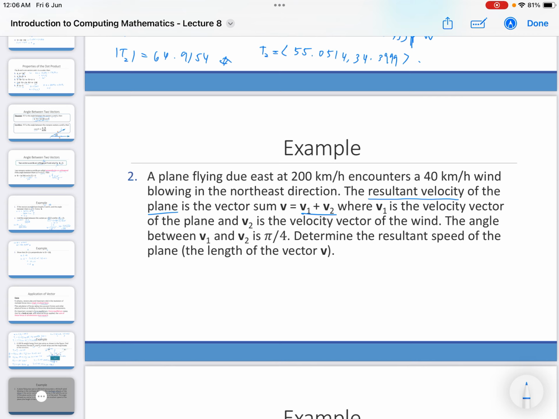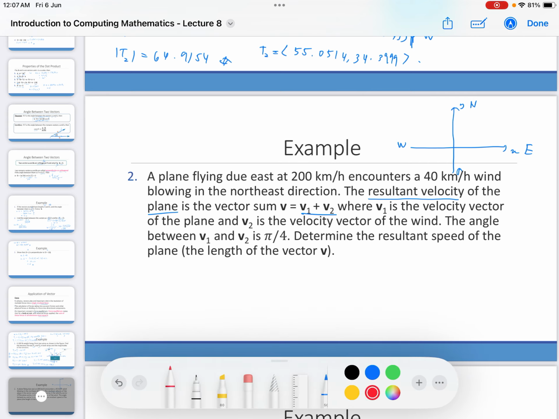Okay, let's try to draw this one. We can draw the xy plane, or we can draw east, north, west, south. A plane flying due east, so the plane is flying towards the east direction.